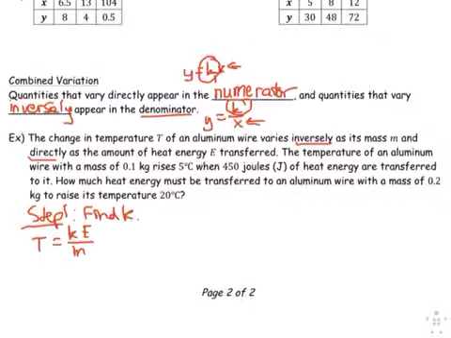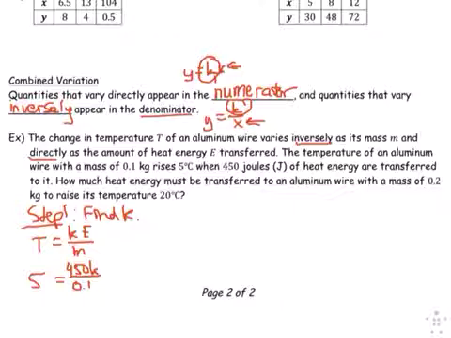The next sentence gives us initial values to solve for the constant of variation k, stating that the temperature of an aluminum wire with a mass of 0.1 kilograms, that's the denominator, rises 5 degrees Celsius, so that's the temperature, when 450 joules of heat energy, that's our E value, and we want to solve for k.